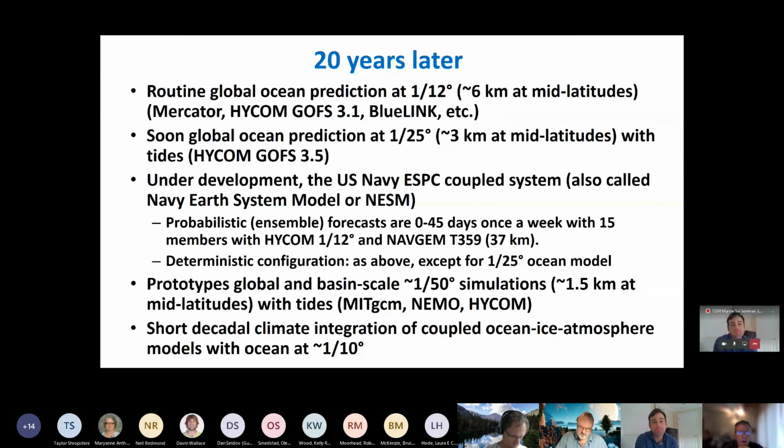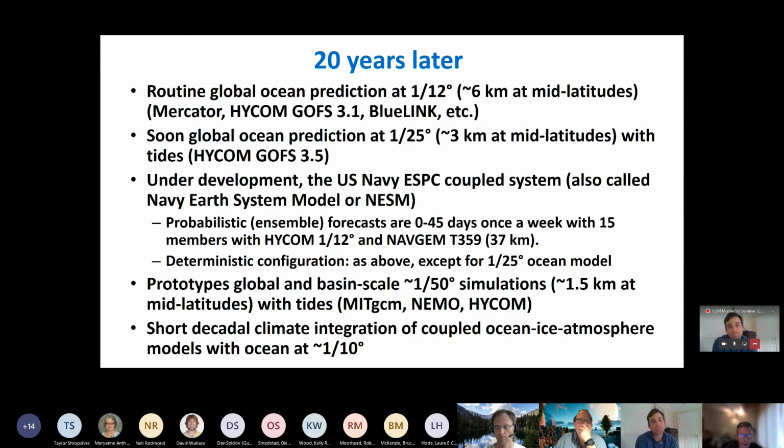And now HYCOM 3.5 is in place and operational. Within the US Navy, the next steps are a probabilistic ensemble forecast with 50 members using HYCOM at 1/12th degree and NAVGEM at 37 kilometers, and then one deterministic configuration, fully coupled, but with a 1/25th degree ocean model.